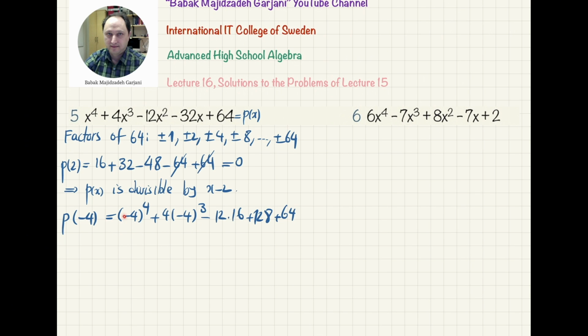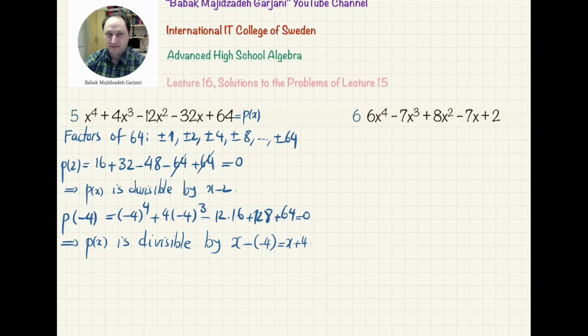Yes, because minus 4 to the 4 is positive 4 to the 4, but this becomes negative 4 to the 4, so they are cancelled, and this becomes 192, and this becomes minus 192. So that is also correct. So this is also 0, so this implies that p of x is divisible by x minus minus 4, which is x plus 4.